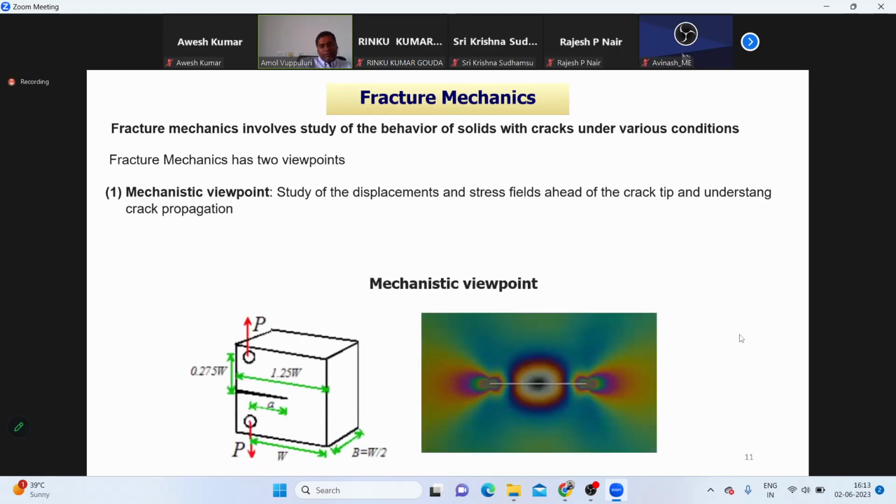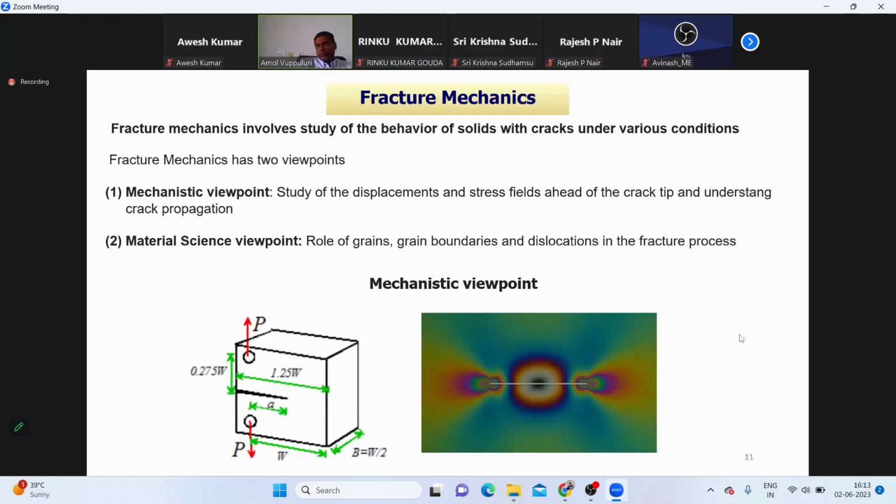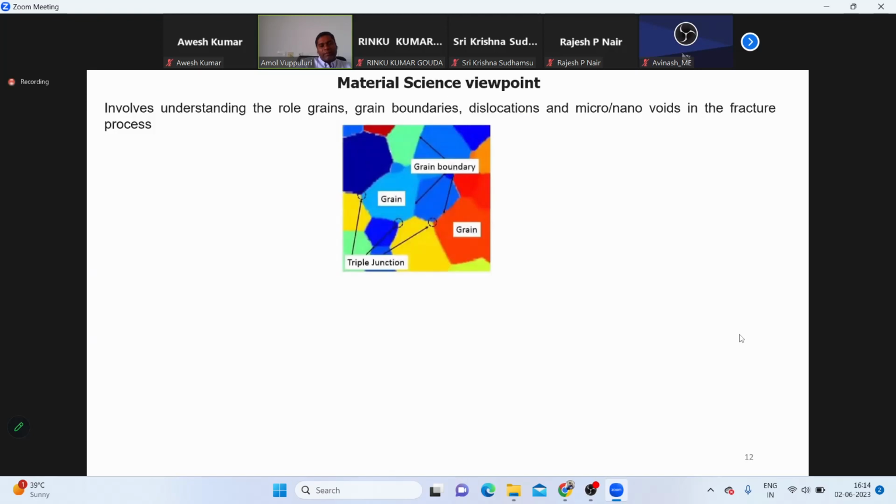There is another viewpoint, which is called the material science viewpoint. When it comes to material science, we care about the role the microstructure plays in deciding crack propagation and fracture. We know that the microstructure of materials, especially metals, primarily consists of grains, grain boundaries and triple junctions.